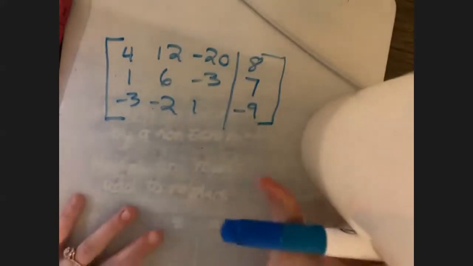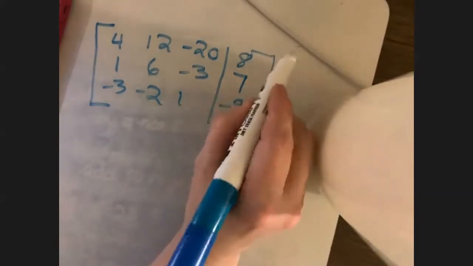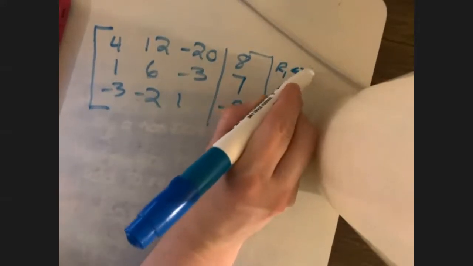So here's the matrix that they give you. And they're going to say row 1, I realize that's kind of off, but it's row 1, and then they have this little double arrowed thing, and they say row 2. That means switch rows 1 and 2 in the matrix.